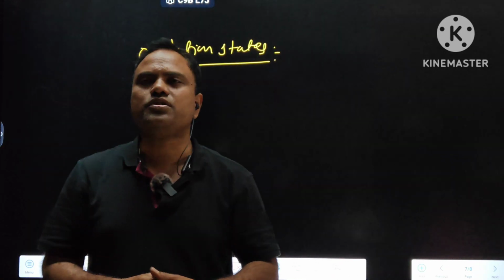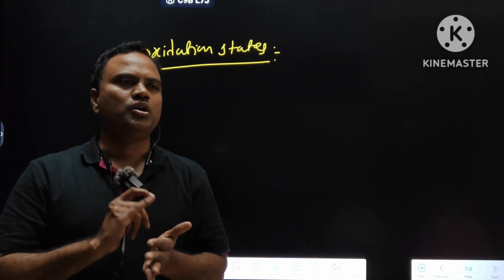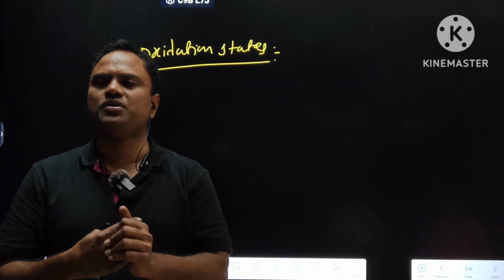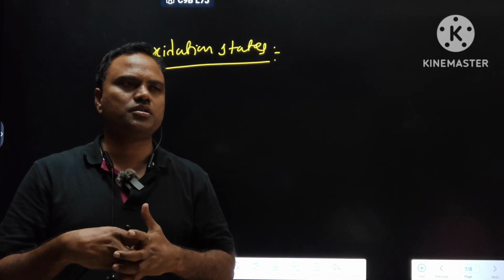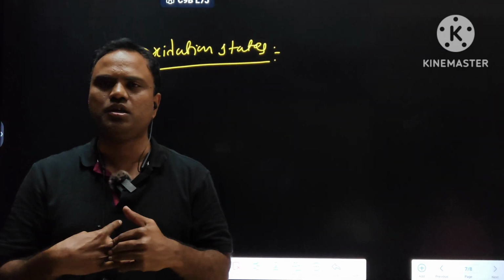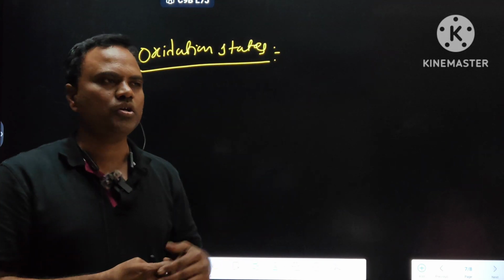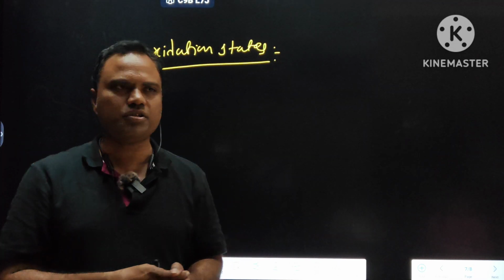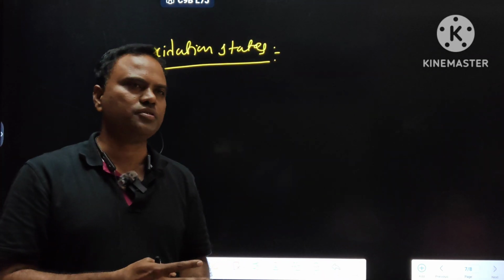Next, questions based on the types of redox reactions. What are the types of redox reactions? Combination redox reaction, decomposition redox reaction, disproportionation redox reaction. Which of the following is a disproportionation reaction? Which of the following is a comproportionation reaction? Something like that. And another model question is finding the coefficients.